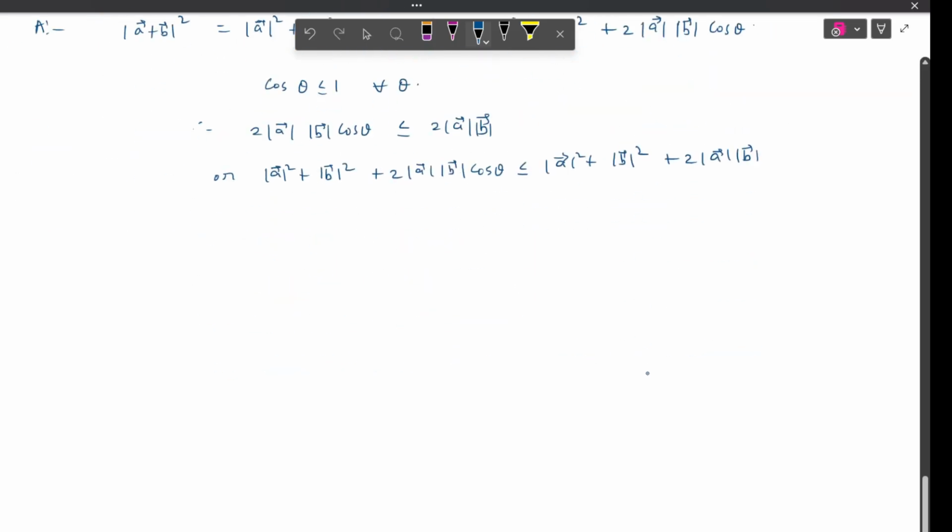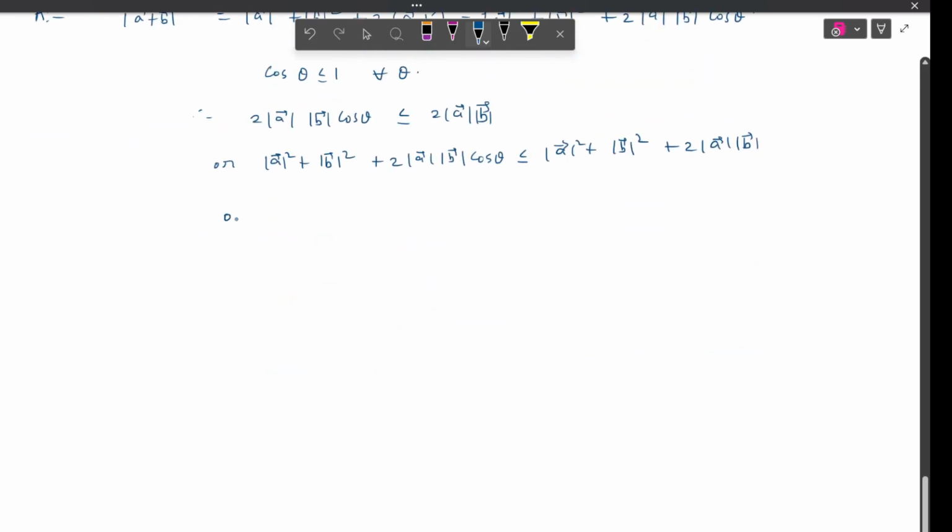So we can say that mod of A plus B square is, because it is A dot B, right?